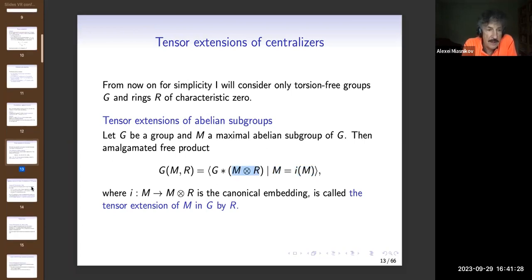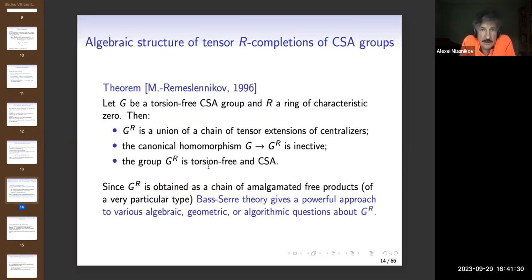It turns out, and you need to prove it, though it's not very difficult but technical, that if you start with a torsion-free CSA group and R a ring of characteristic zero, then the tensor completion, which exists from general nonsense, is in fact a union of a chain of extensions of centralizers.